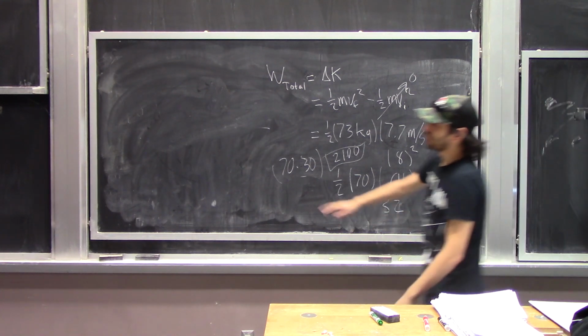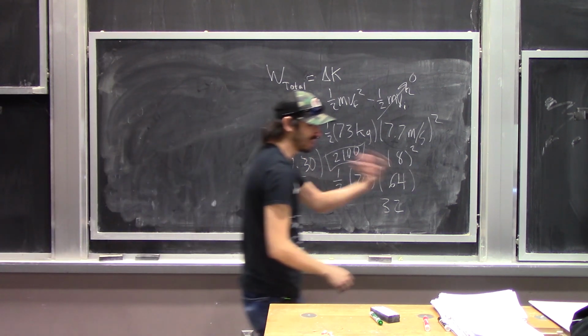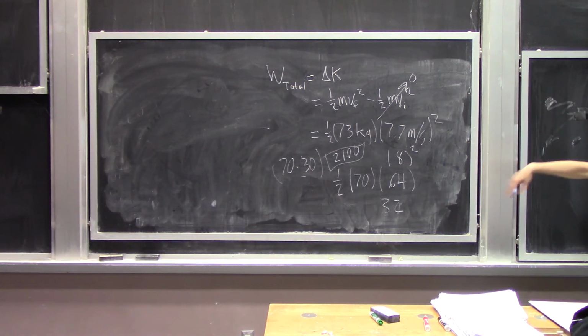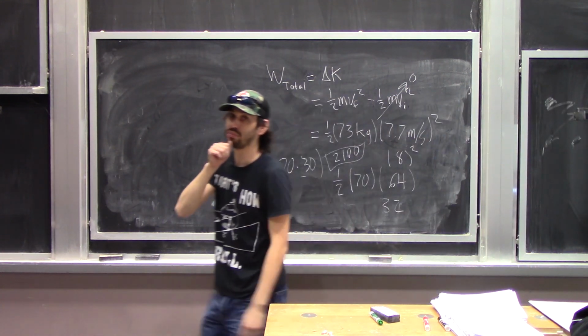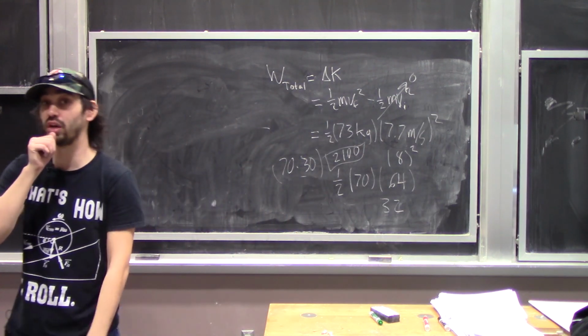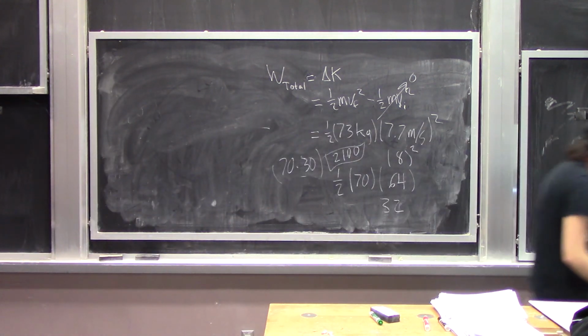So if the answers here had been like 2150, 2130, 2160, then this approximation wouldn't work. But because all of these numbers are very different from each other, you can do this approximation. You can do this a lot faster than you can actually plug in numbers in the calculator if you get good at it. Okay? So let's move on to the next one.